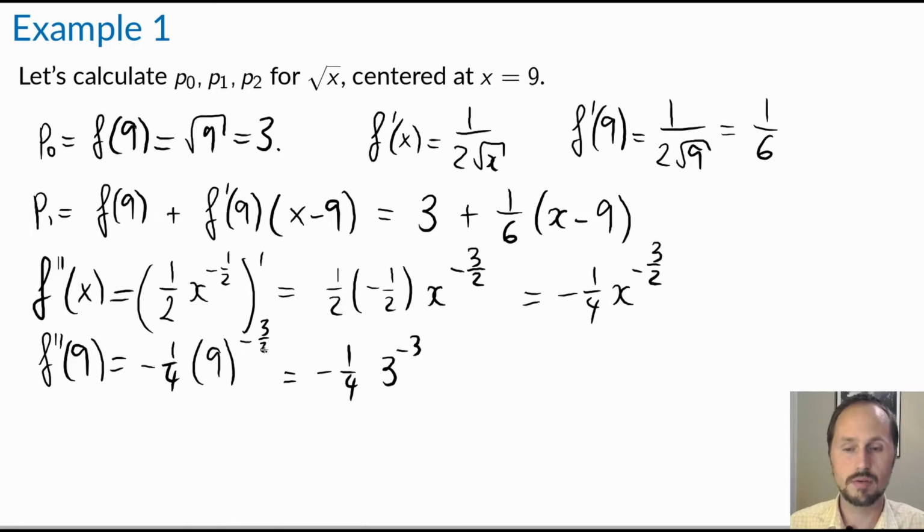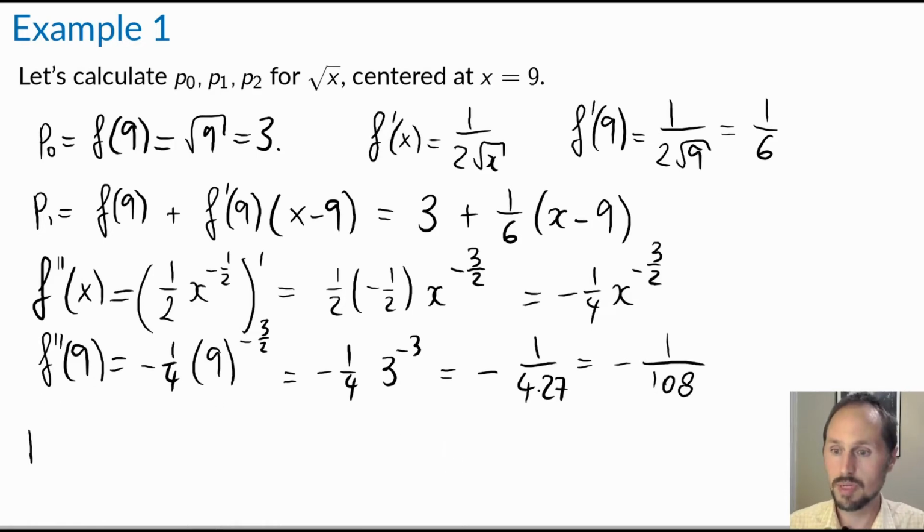So that's 9 to the half power. So 3 cubed is 27. So this gives us -1/4 times 27, which is -1/108.